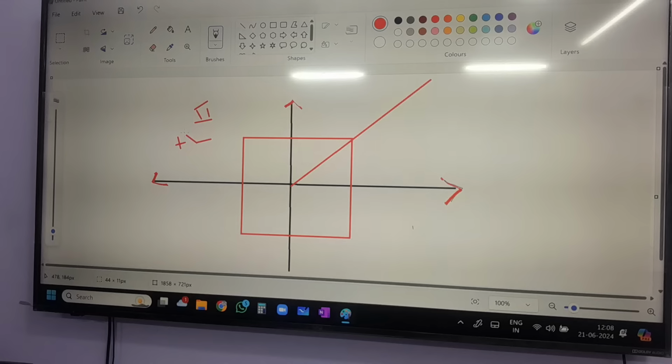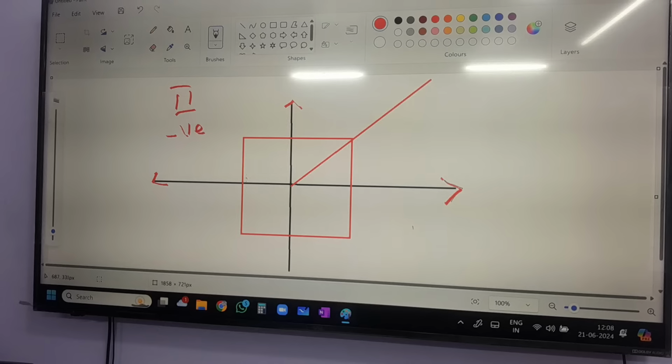Similarly, in the third quadrant, let me just point it out for you. So this is the second quadrant where the value of x is negative.